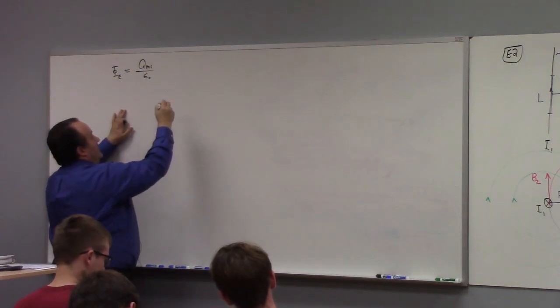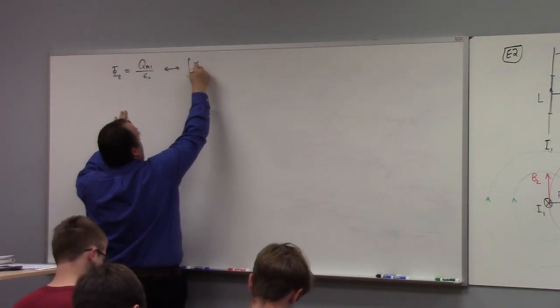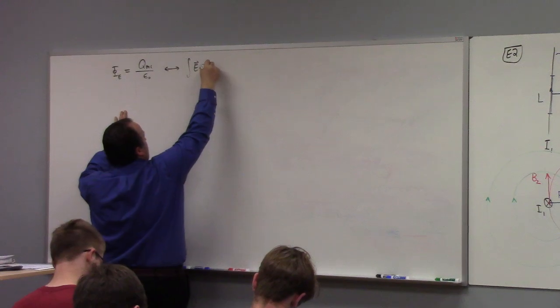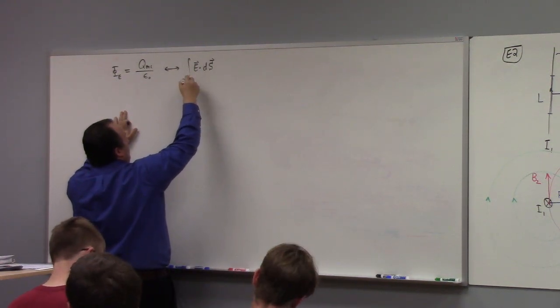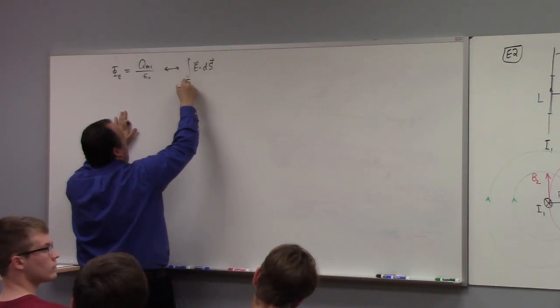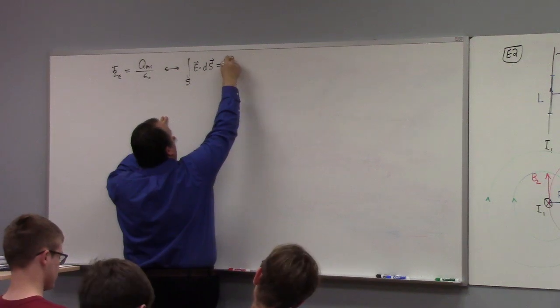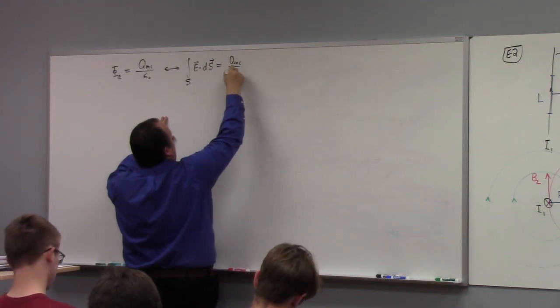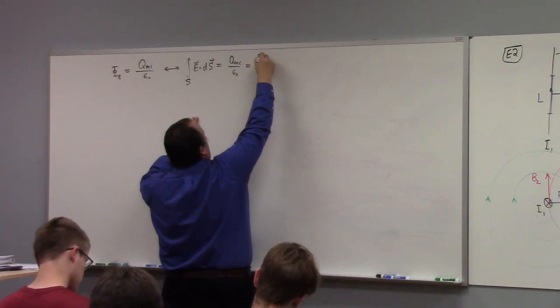That is directly the integral of the electric field over the surface, and that's equal to Q enclosed over epsilon naught. Of course, that we can also write as the triple integral.